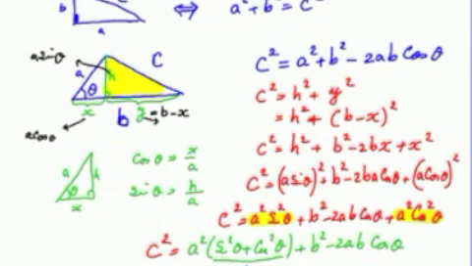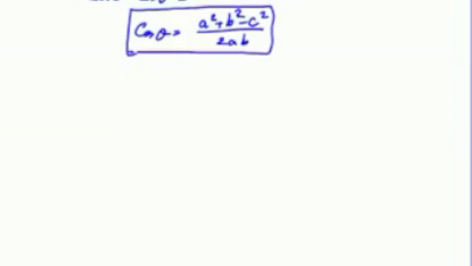Let me redraw this picture. So I have A, B, and C here. We had this guy was theta, this was A, this was B, and this was C, the connection between the two of them. I want to use vectors instead.